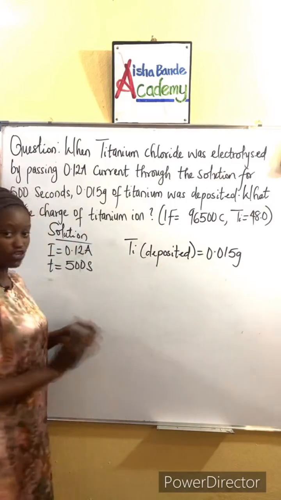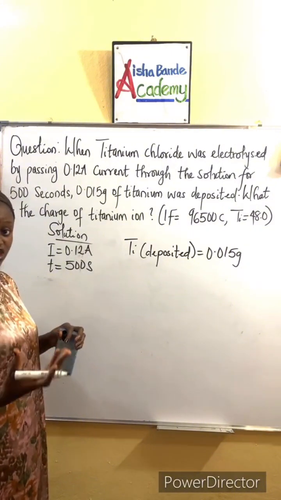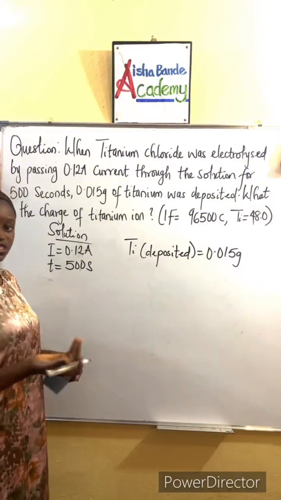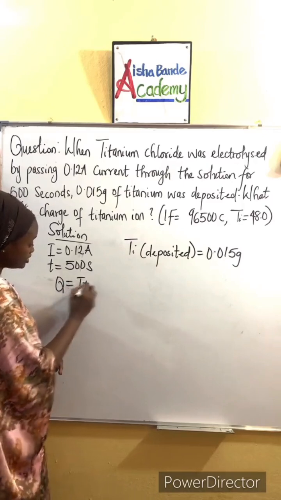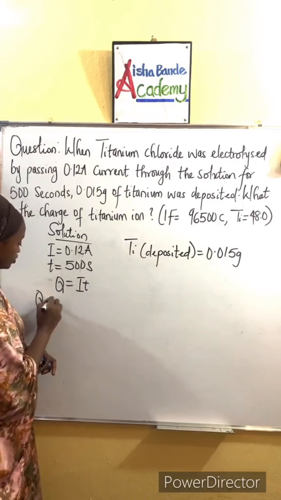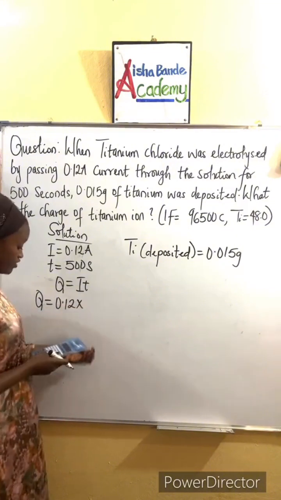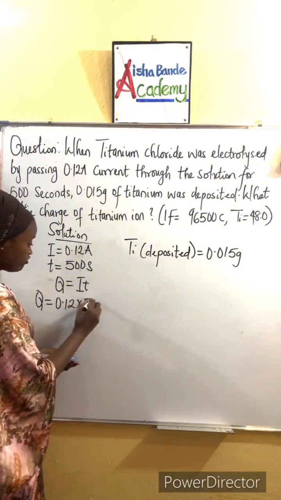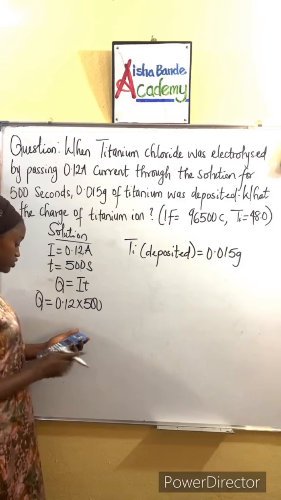But for us to begin, first we need to find the value of the quantity of current using the relation which says that Q is equal to IT. So Q is equals to, we have I to be 0.12 times the value of T, which is 500. So 0.12 times 500 gives us 60.